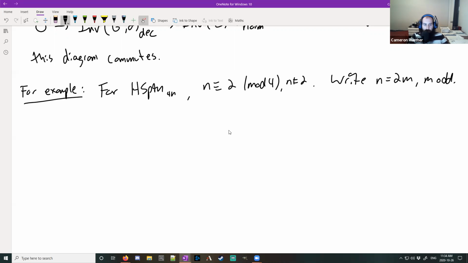And then we can consider PSp4 cross PSp2m into half spin n, using these maps above.